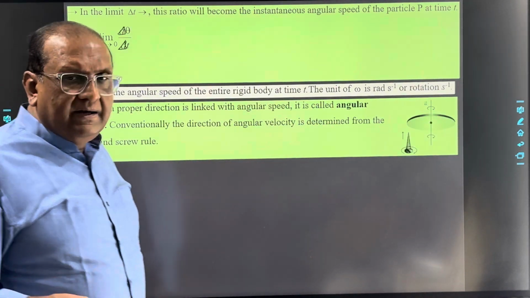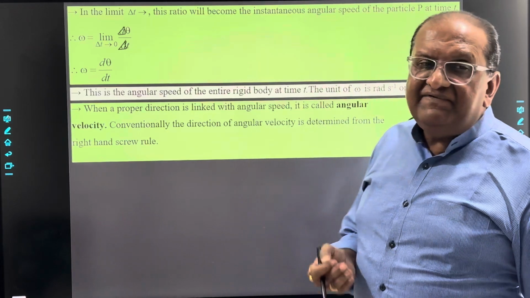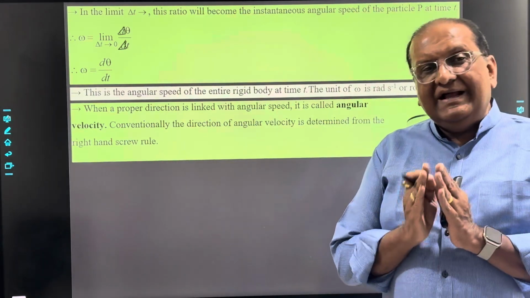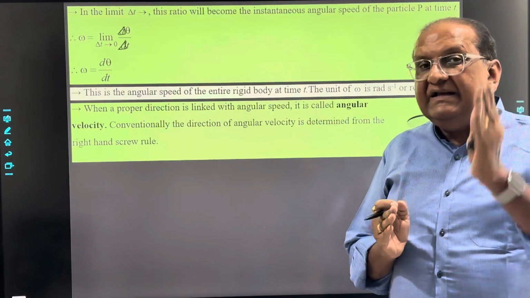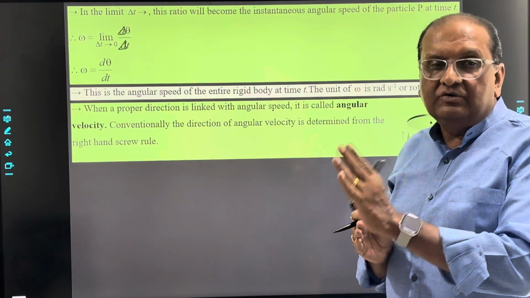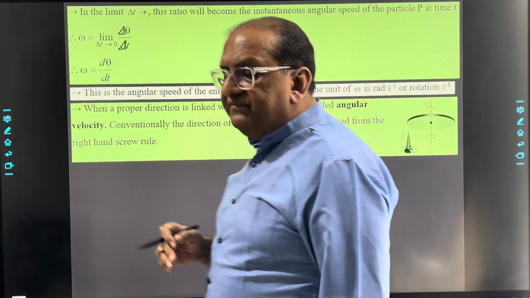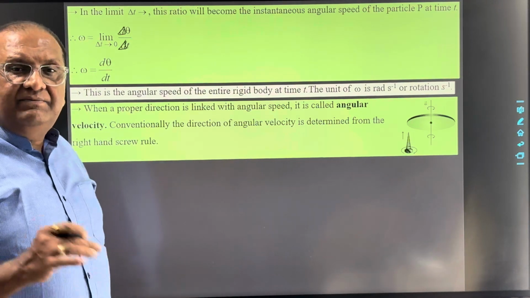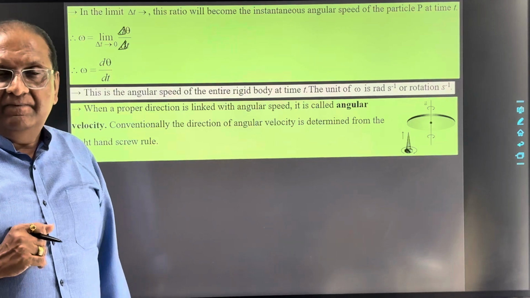Now when angular speed is represented with direction, or we can say if a proper direction is associated with angular speed, then it is called angular velocity. Okay. Now here the direction of angular velocity can be fixed with the help of the right hand screw rule.